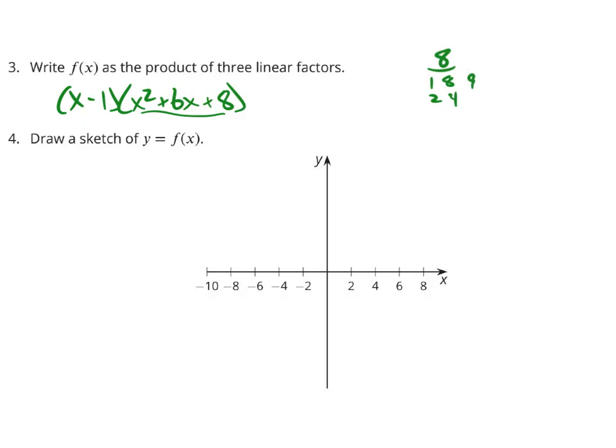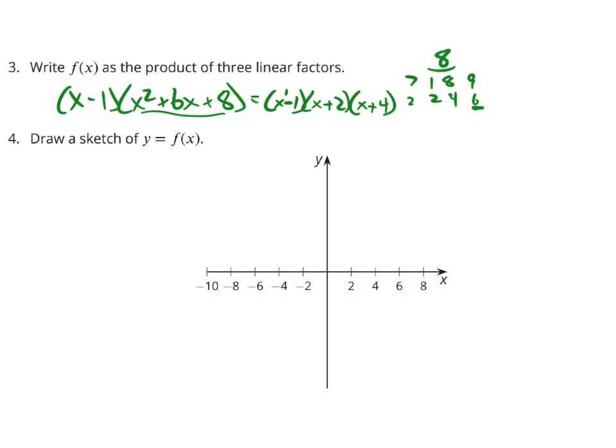You add them and you subtract them, and which one makes the middle term, 6? That tells me 2 plus 4 is 6. So to break this down, I get x minus 1, x plus 2, x plus 4. So now we have 3 linear factors. What's a linear factor? The exponent is to the first power.